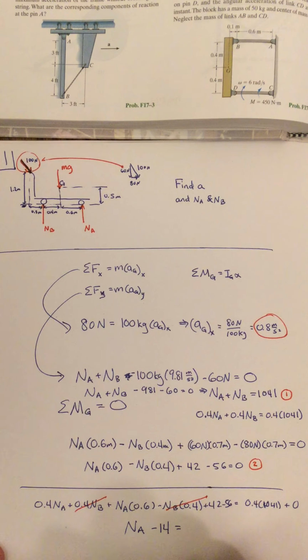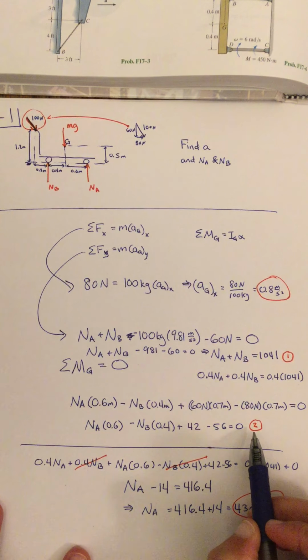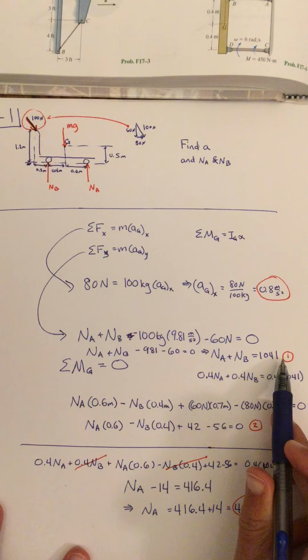And 0.4 times 1041 is 416.4. So NA is equal to 416.4 plus 14, that's 430.4. And that was something they asked us to find. And so then going back and either using equation 2 or equation 1, I can find NB.